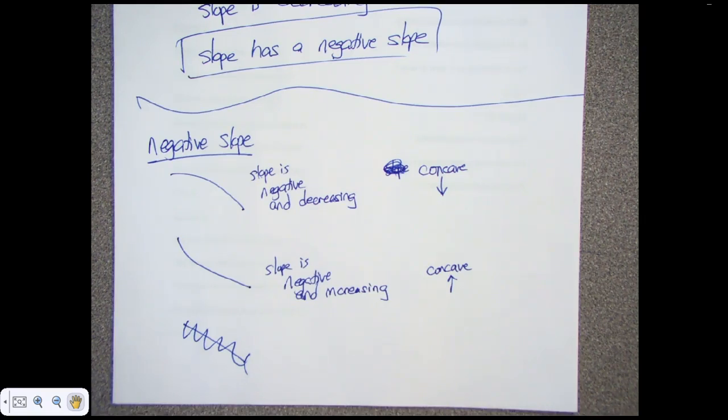Positive or negative would be determined by whether this little piece is above or below the axis. I don't know that. But it'd be decreasing and concave up. And this would be, again, I don't know positive or negative, but decreasing and concave down.